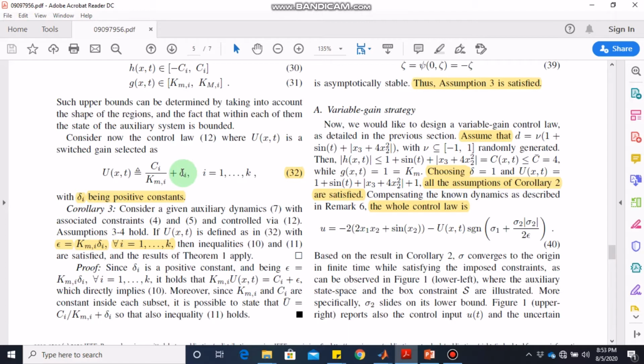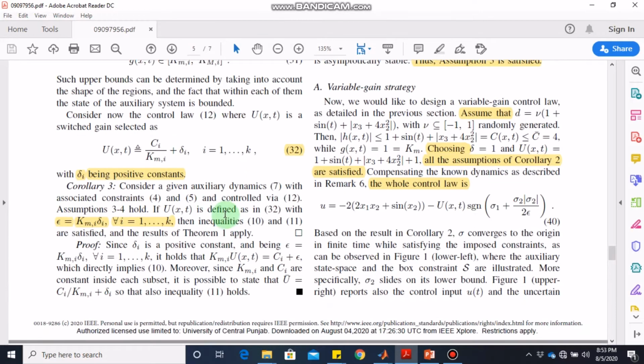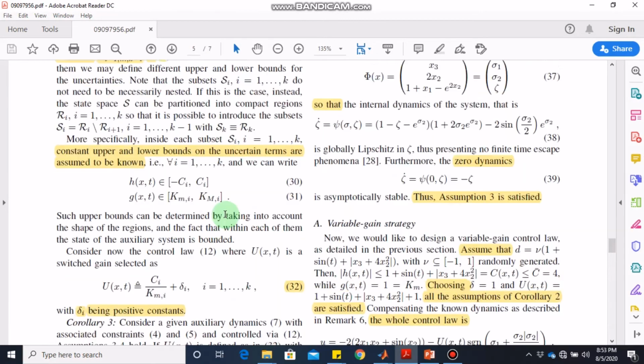Km_i is the bound of the g function in the ith manifold, and C_i is the upper bound of the h function in the ith partition of the manifold. Within each partition epsilon is Km_i times delta_i. Again, you will understand this in more depth when we do the numerical example.